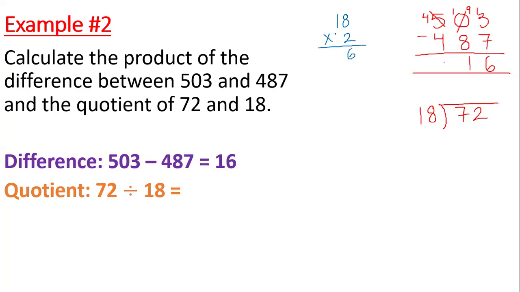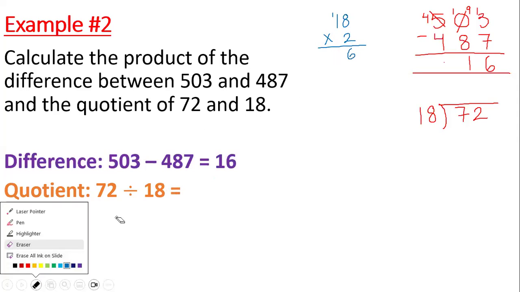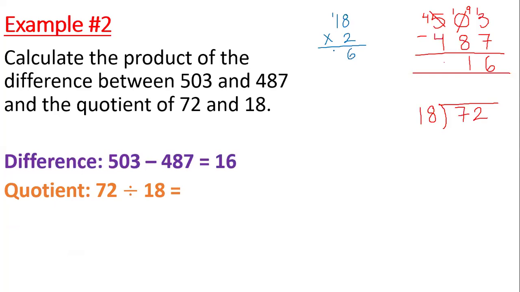Put the 6 down, put the 1 up. 2 times 1 is 2, plus 1 is 3. So 36. All right, so clearly 2 is not gonna work, right? Since 2 is not gonna work, we gotta try what?